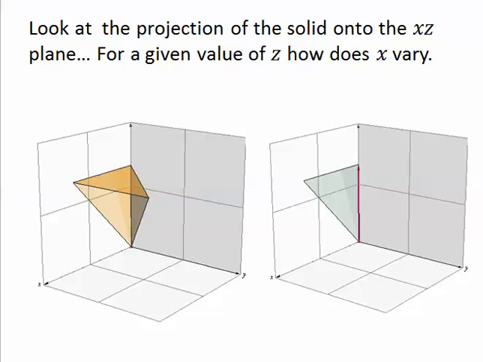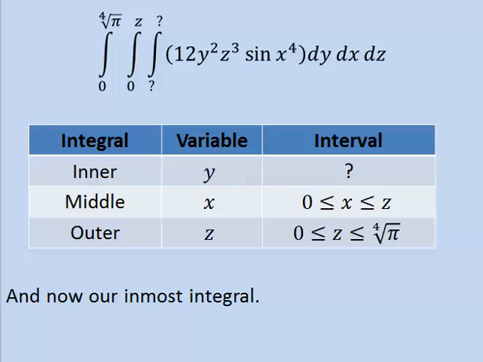To do that, look at the projection of the solid D onto the xz plane. For a given value of z, how does x vary? And for a given value of z, x will vary between 0 and z.